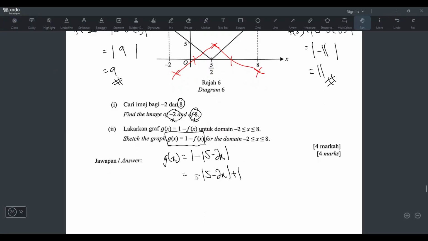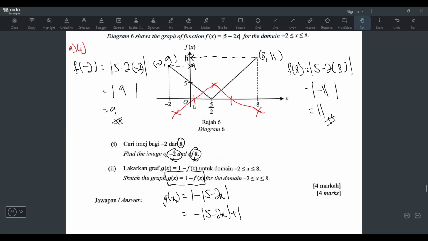When the negative is before here, it means you have to reflect everything, meaning the whole thing has to flip. And if there's a number plus or minus at the back here, then the whole graph has to move vertically. If plus, then vertically upward. If minus, then you have to move vertically down. That is why I know it will look like this, even before I draw it.